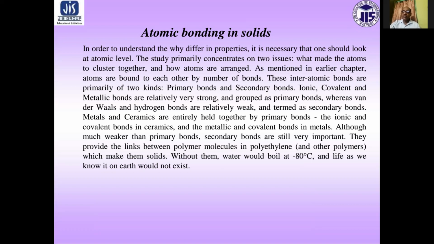They provide the links between the polymer molecules in polyethylene and other polymers, which makes them solids. Without them, water would boil at minus 80 degrees centigrade, and life as we know it on earth would not exist.